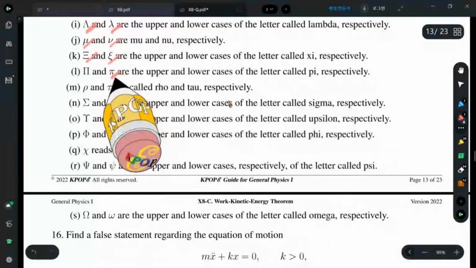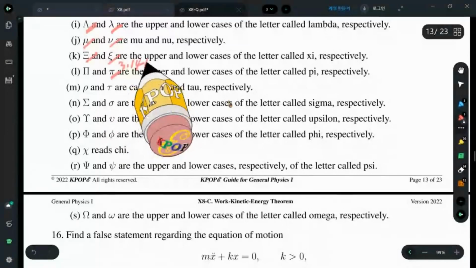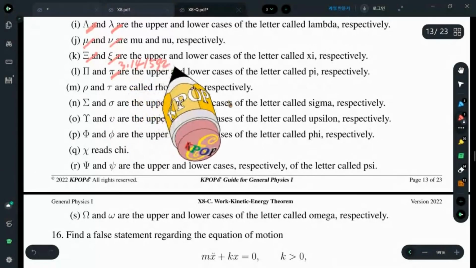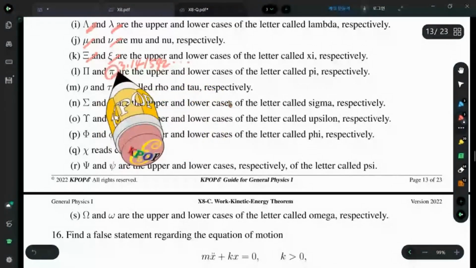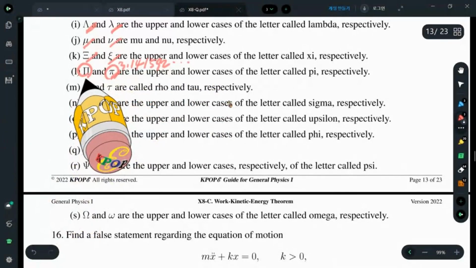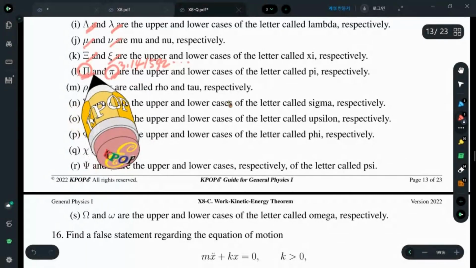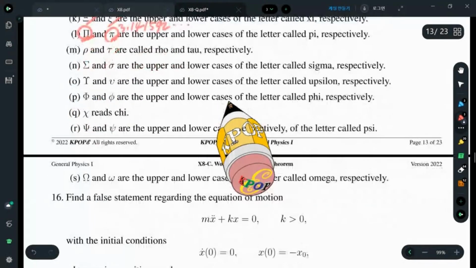And pi, you're familiar with 3.14, this pi. And capital pi appears here. When we express a multi-product, we usually use capital pi.